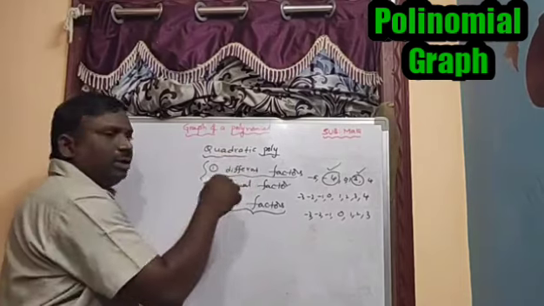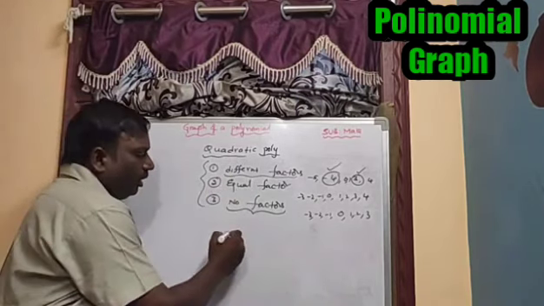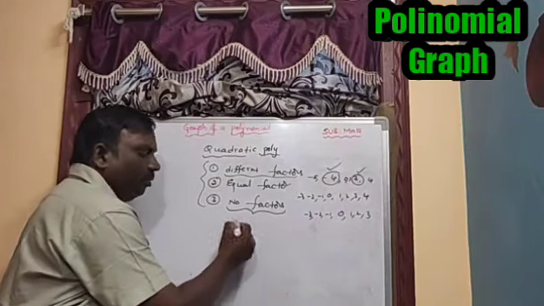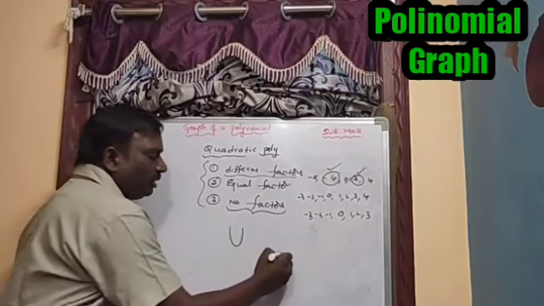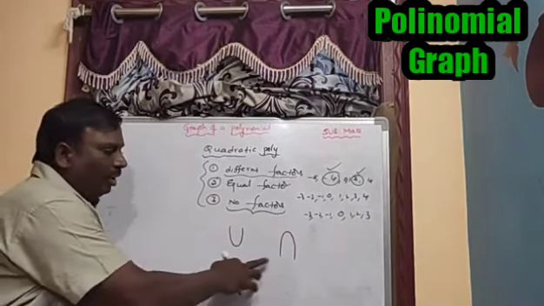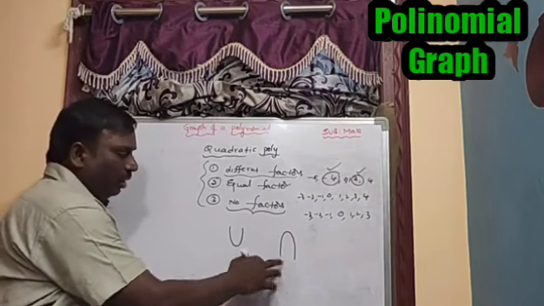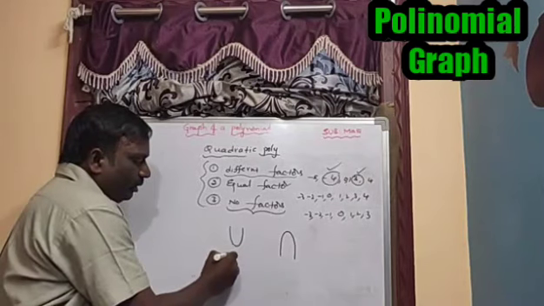So what is the graph of a quadratic polynomial? When you draw it, definitely the shape is a parabola. Sometimes it is an upward parabola and sometimes a downward parabola. When do we get each?